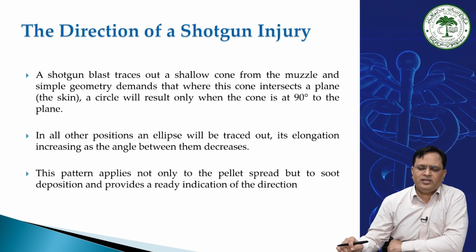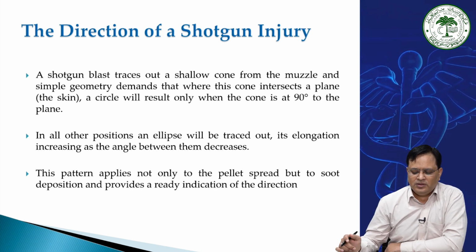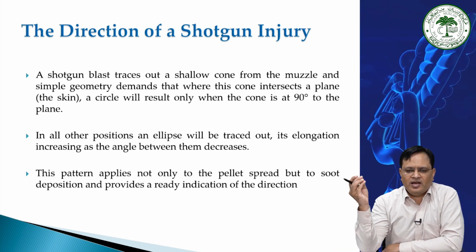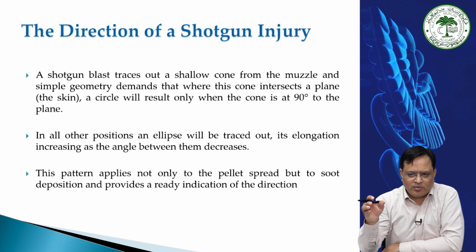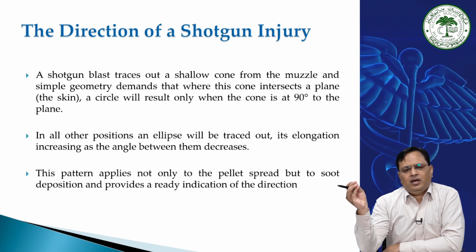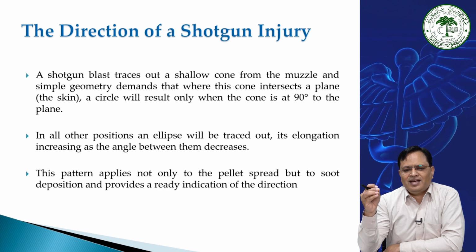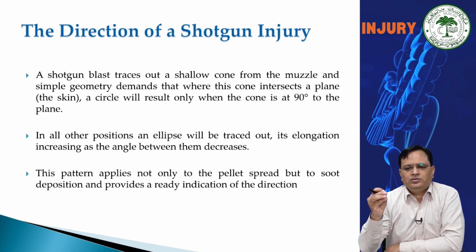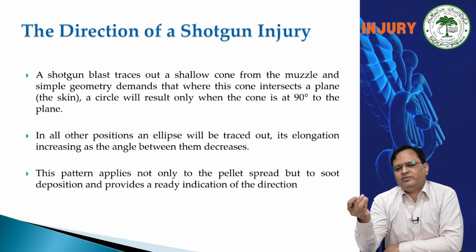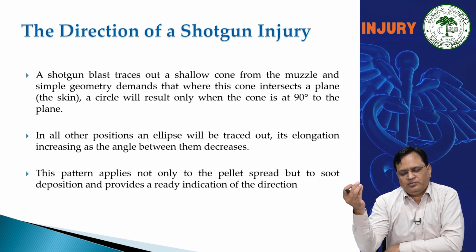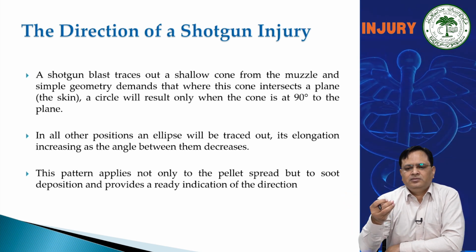Direction of the shotgun injury is also very important. It means how the shotgun has struck the body and at what angle it has struck, through which we can try to determine the direction of the pellets coming.